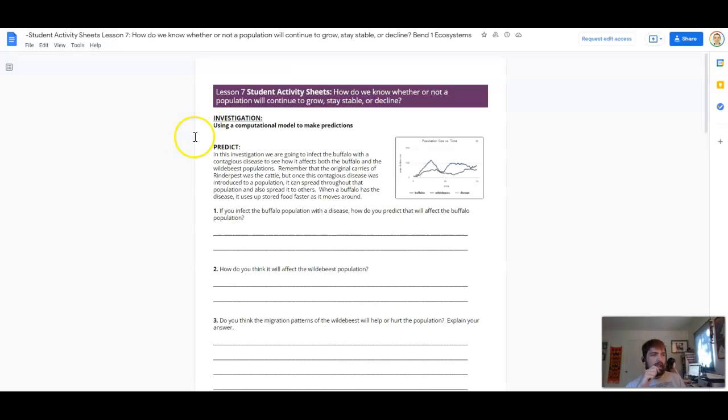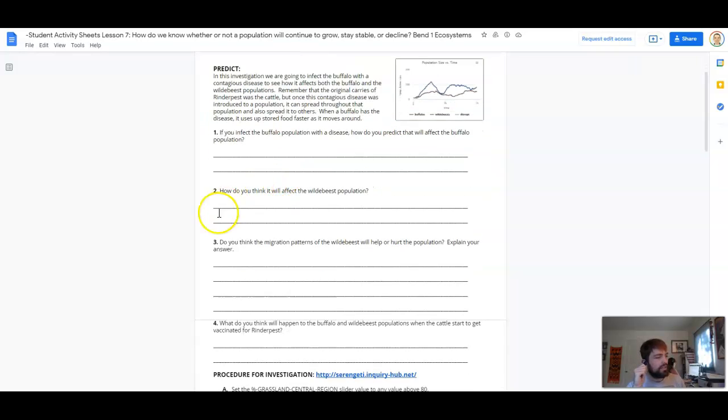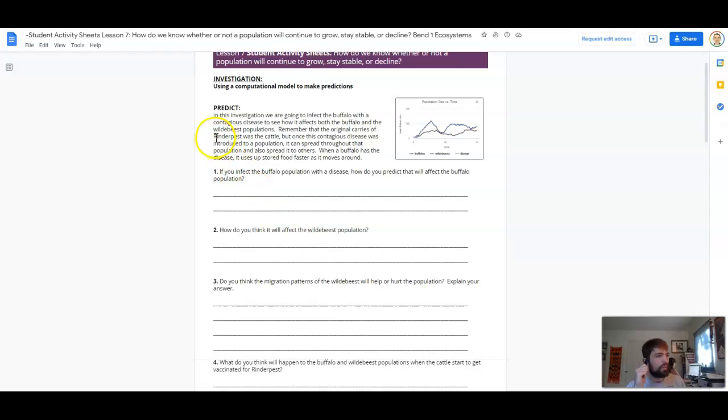Okay, so this is student activity sheet Lesson 7. To figure out how the rinderpest is affecting these different populations, we're going to be using a computer simulation, okay? I want you to fill out 1 through 4 with predictions. In this investigation, we're going to infect the buffalo with a contagious disease to see how it affects both the buffalo and the wildebeest populations.